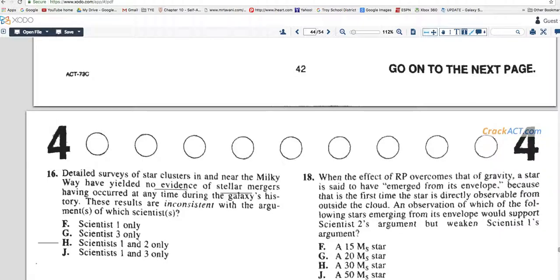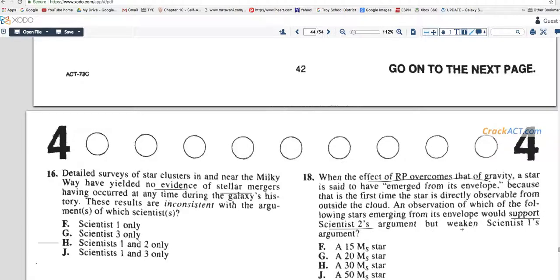Student 1: So underline the effect of RP. Underline support scientist 2's argument and weaken scientist 1's argument.